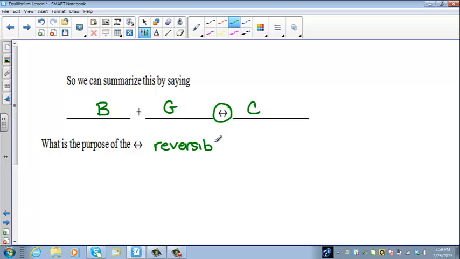So as boys and girls become couples, couples can break down and become boys and girls again. So that's equilibrium in a very generic sense.